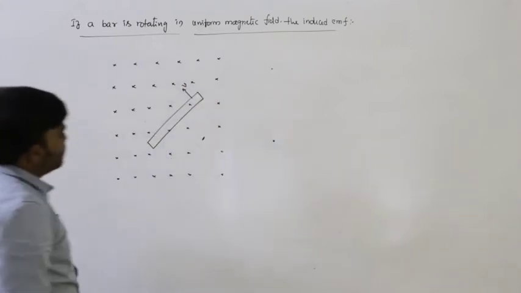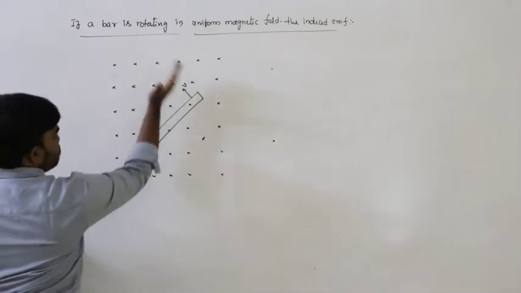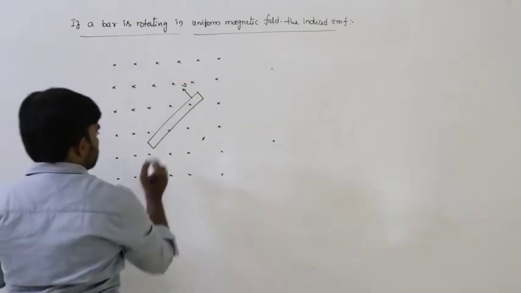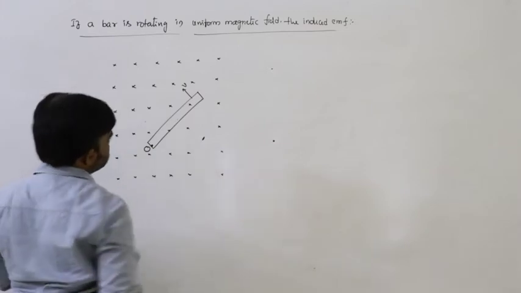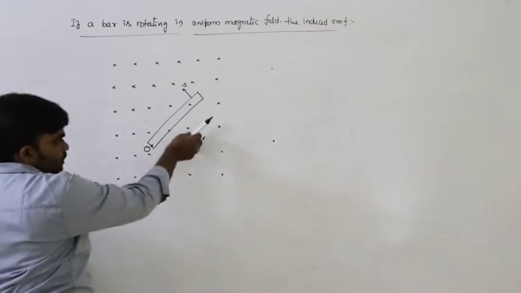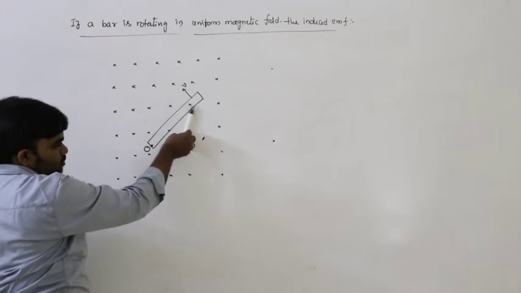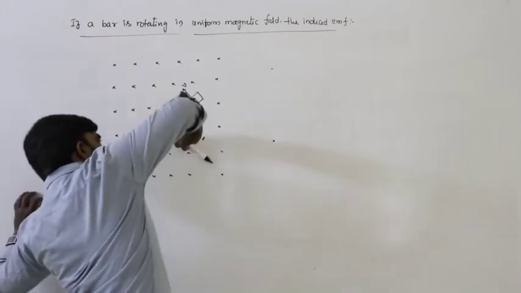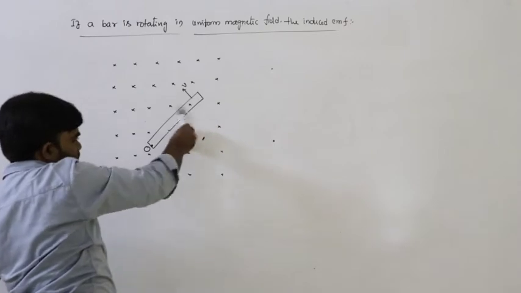If the bar is rotating like this, the end O is fixed here. If this bar is rotating in the magnetic field like this, what is the EMF induced?